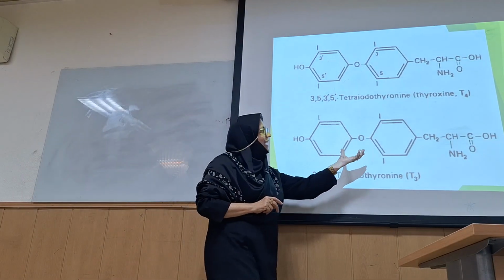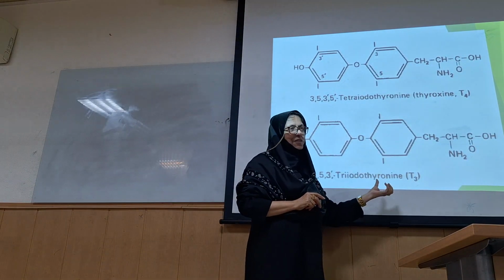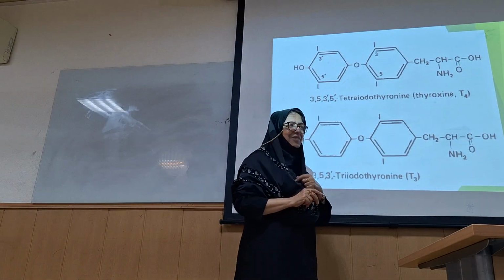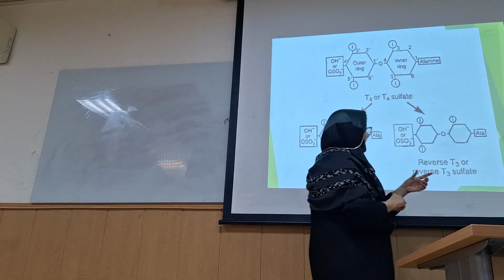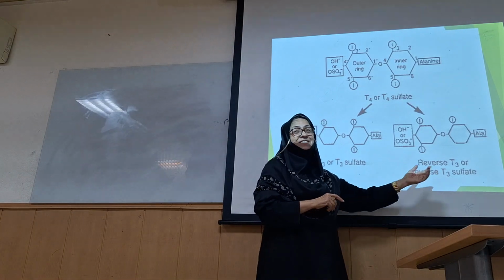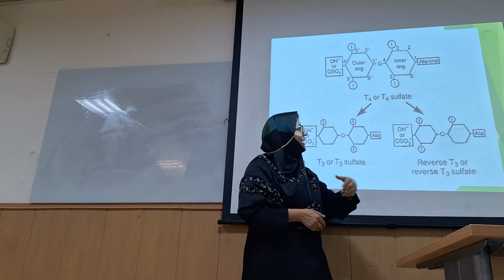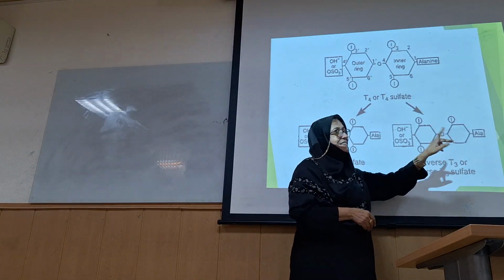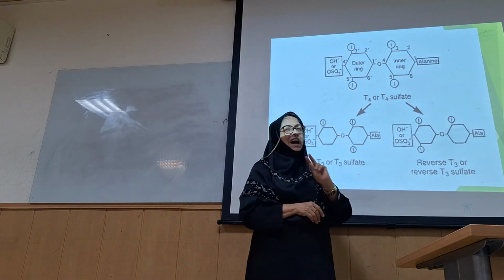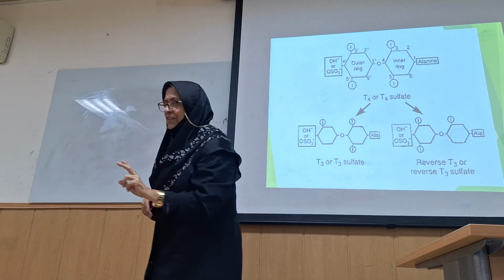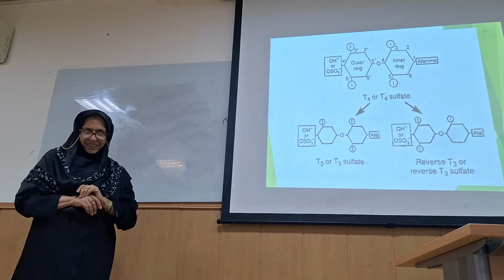T3, A have two ions, but B has one ion. Reverse T3 is reverse of T3. A has one ion, but B ring have two ions. Okay?